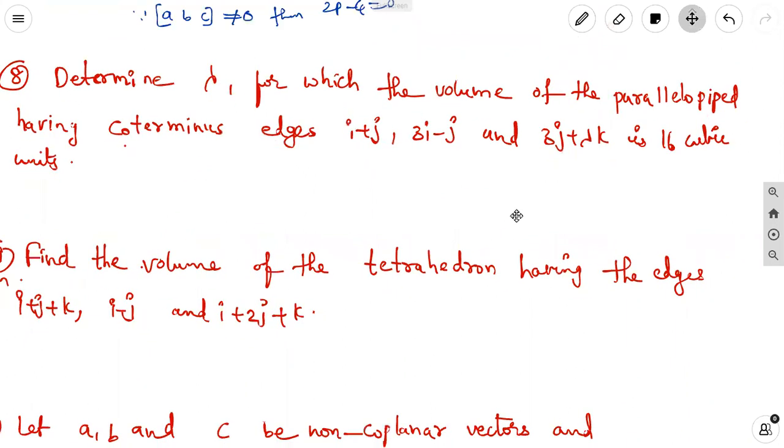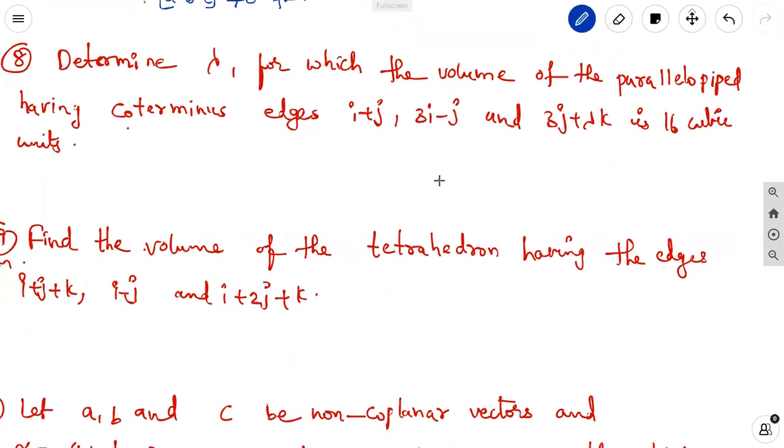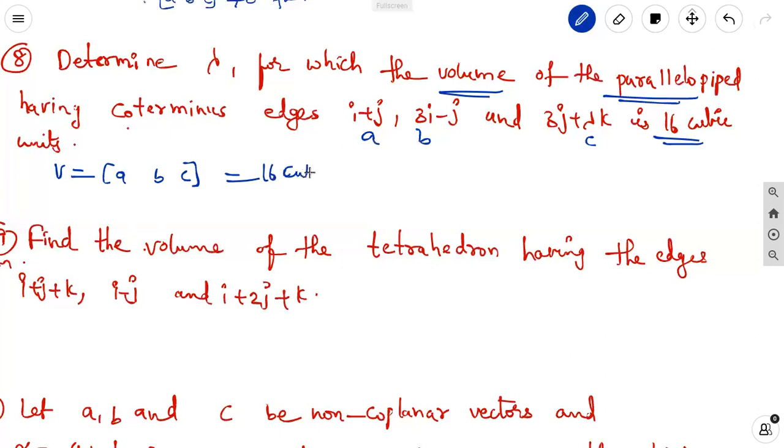Eighth problem. Determine lambda for which the volume of the parallelepiped having coterminous edges i plus j, 3i minus j and 3j plus lambda k is 16 cubic units. Let it be A, it is B, it is C. The parallelepiped volume V is equal to the volume of ABC, equal to 16 cubic units.